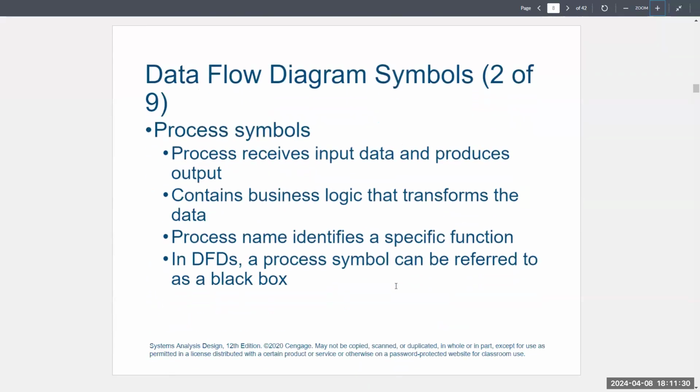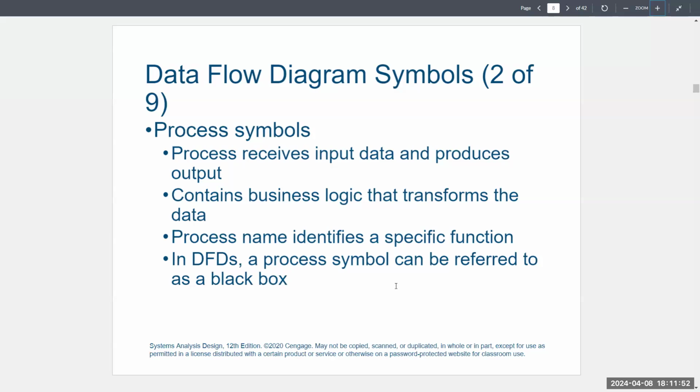So what does the process symbol do? It receives inputs. It could be one input, it could be several inputs, and it generates an output. Within that process symbol, there is some kind of business logic, some kind of code that transforms that input into that output data.